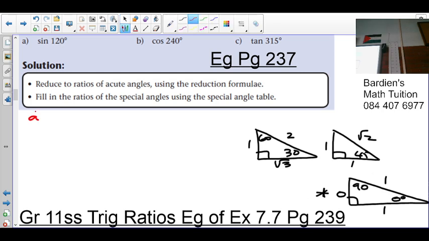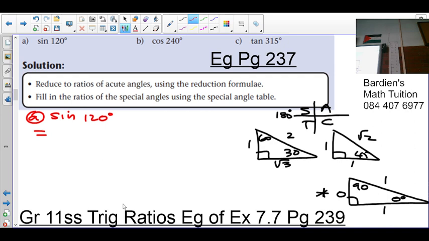You've got sine of 120. Which quadrant is 120 in? Second quadrant. How do we get into the second quadrant? We keep this on the side, we need this as well. It's all stations to clam on.